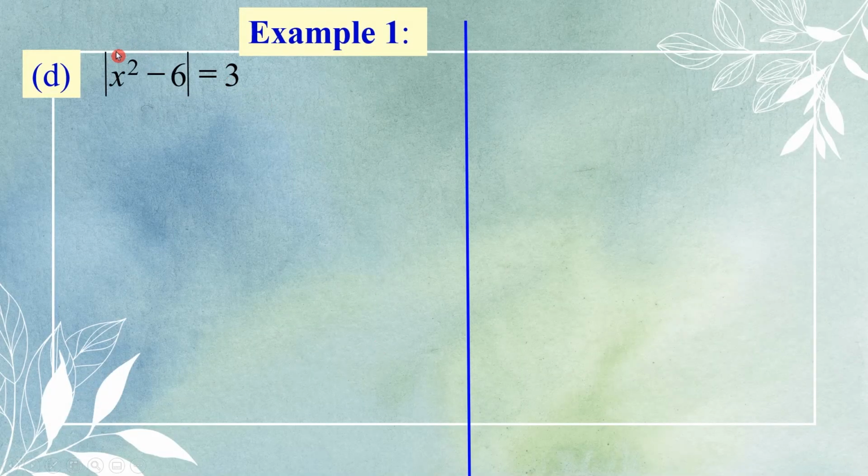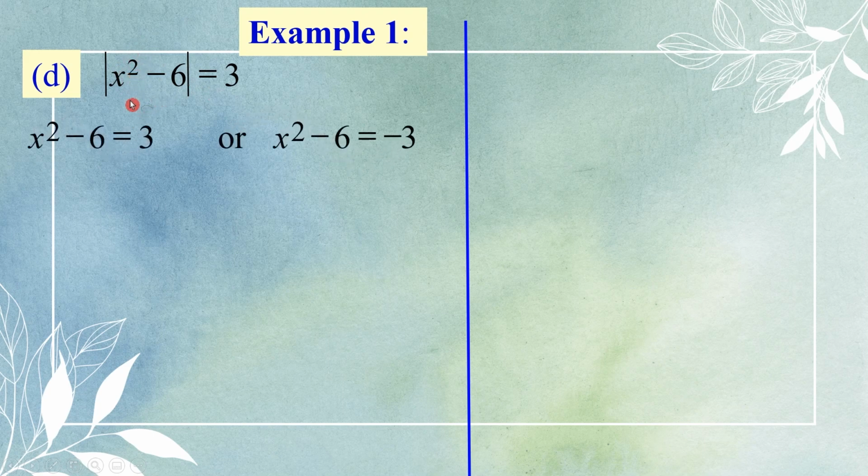If just now we had a look at the absolute values for linear and rational functions, this time we are going to look at the absolute value of a quadratic function where the x has power 2. Okay, so by using the definition, x squared - 6 = 3 or -3.